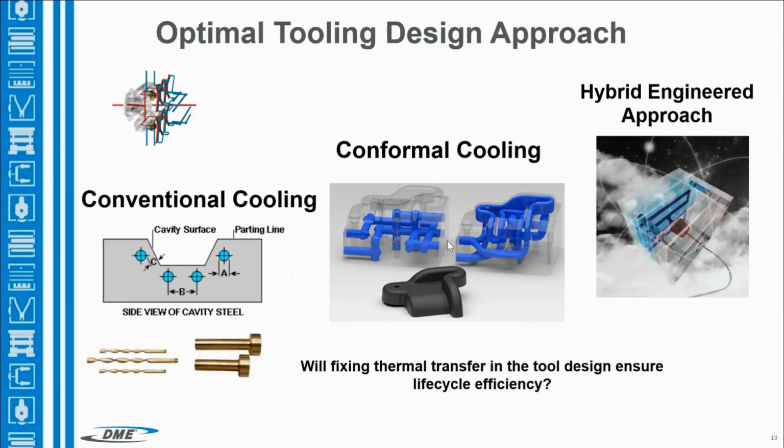So one of the questions that you always get: we designed it this way, so why doesn't it work? We designed it with conformal cooling, for example. But over the course of months and years, the productivity of that mold goes down because you've got buildup. Well, there are two schools of thought.